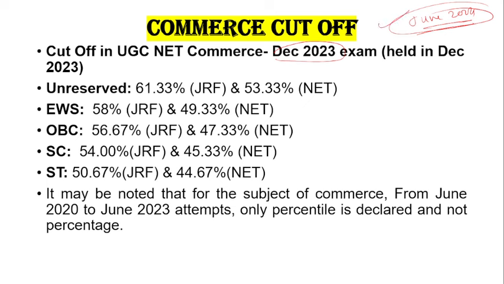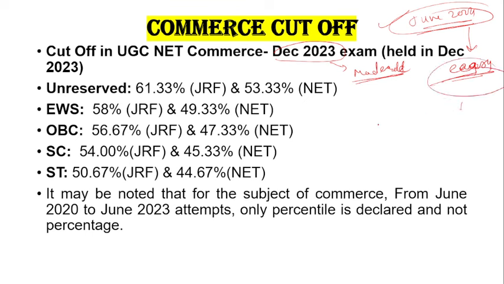Because you know that the June examination was very easy. The December paper is also moderate, if you go through it, but June was easier.